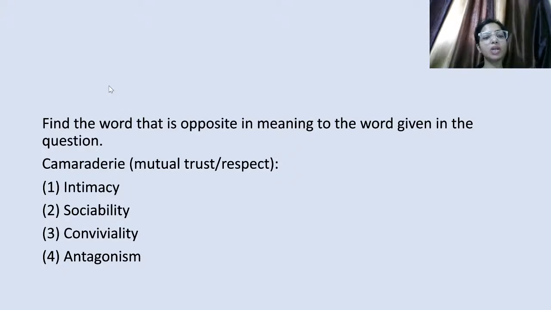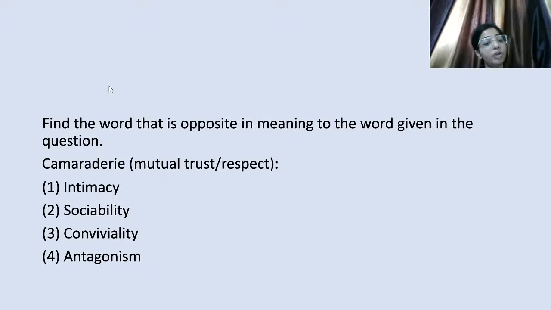Somebody who is very sociable, very outgoing, easily gels with people and makes new friends. That skill, that ability is called sociability. Next word is conviviality. Conviviality again means the same: the ability to gel easily and get along with people very easily. That is what we call conviviality.